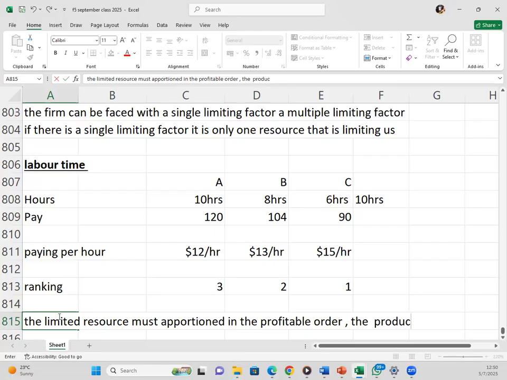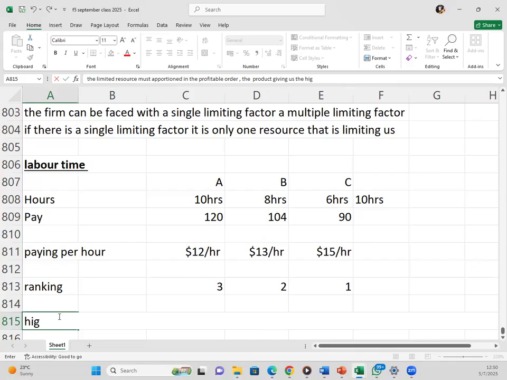The product giving us the highest profit. The salary in this case is the profit. The highest contribution. Let's use contribution.